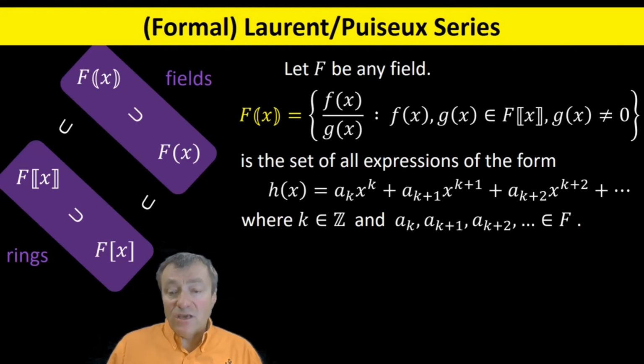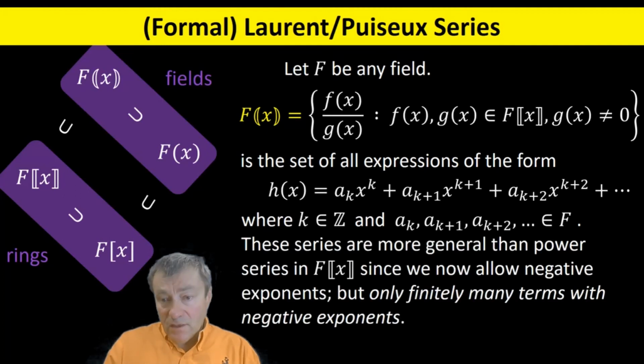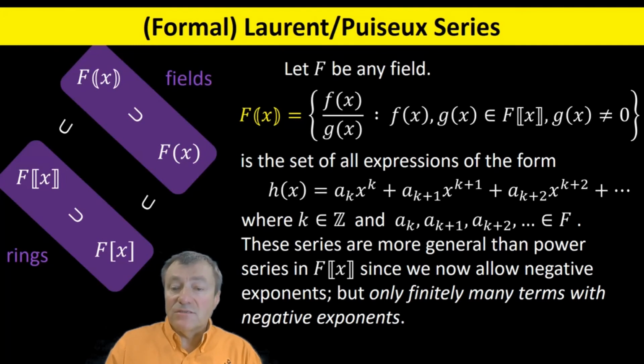This is the lowest degree term, where k can be any integer, positive, negative, or 0. And you can have infinitely many terms after that, but you only have a finite number of terms with negative exponent. So this extends the ring of power series, F double bracket x, in which we did not allow any negative exponents.